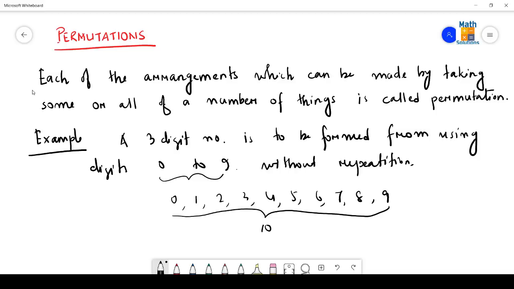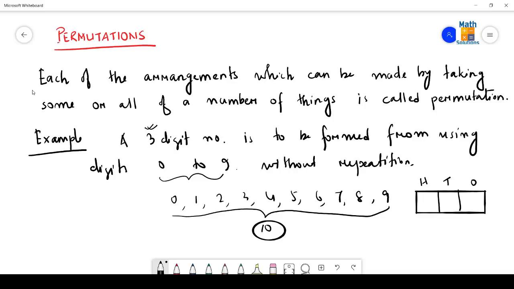We have to make a 3-digit number. We have to construct a 3-digit number using these 10 digits. So what shall I do here? Say this is the hundreds place, this is the tens place, and this is the ones place.